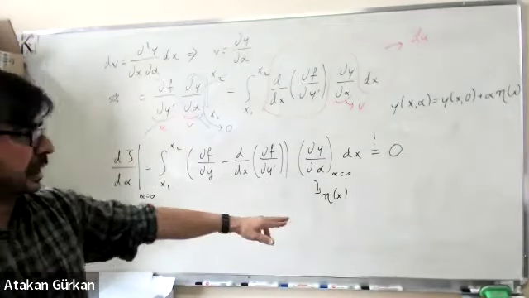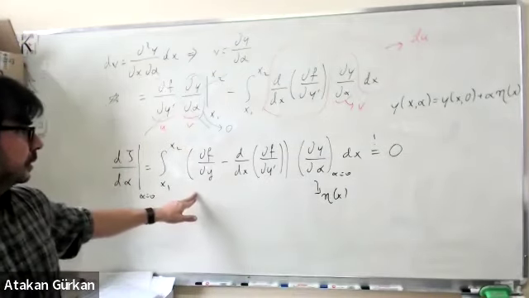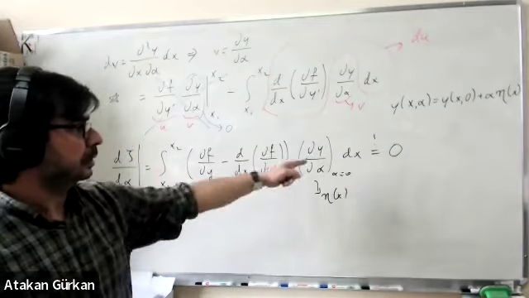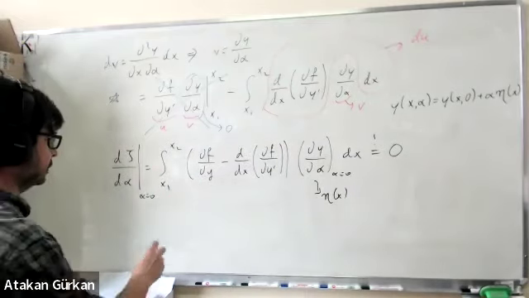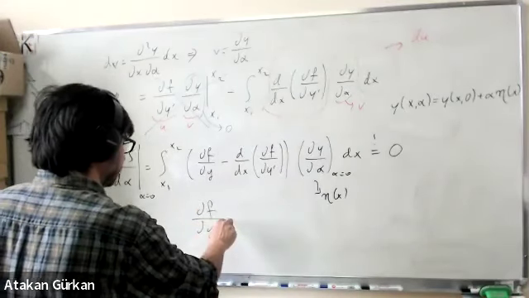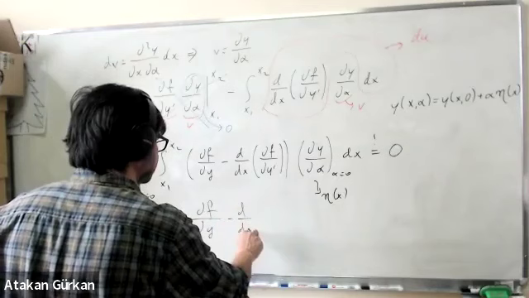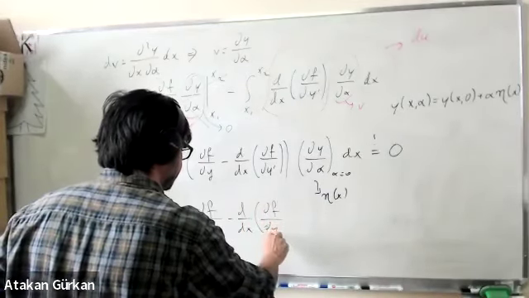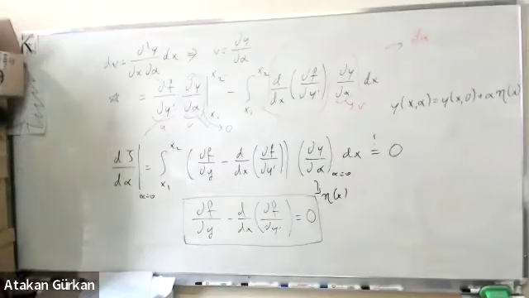So because this is arbitrary, from the condition that this has to be 0, it follows that del f by del y minus d by dx of del f by del y prime is equal to 0. And this is, of course, the one-dimensional Euler-Lagrange equation.